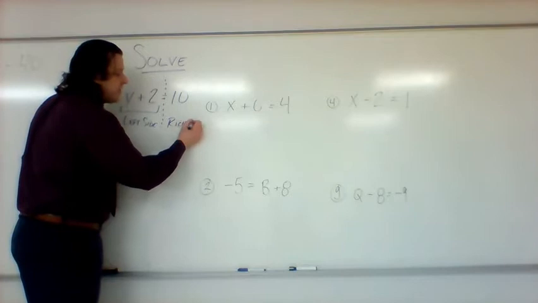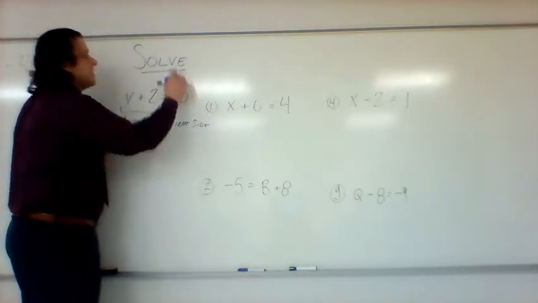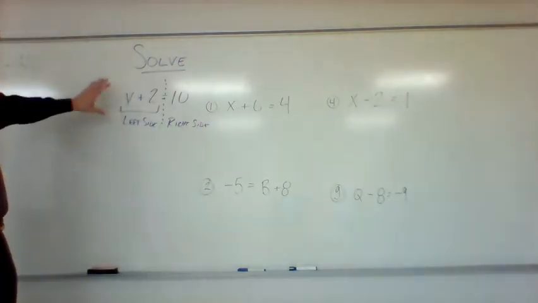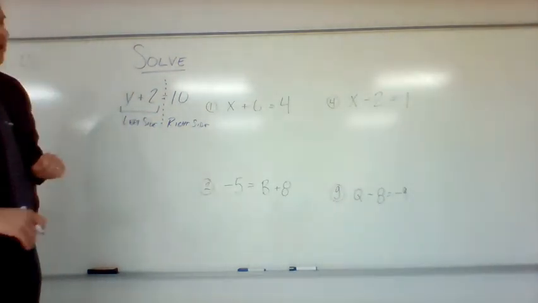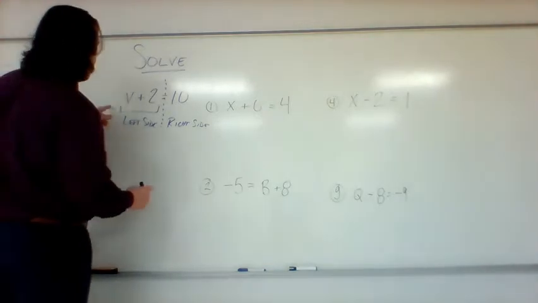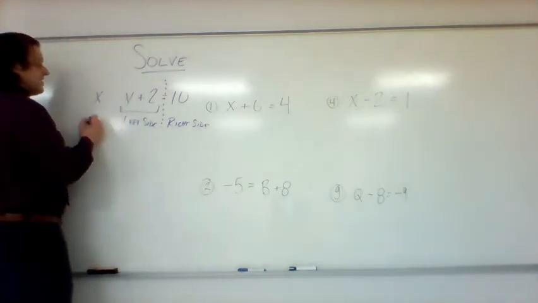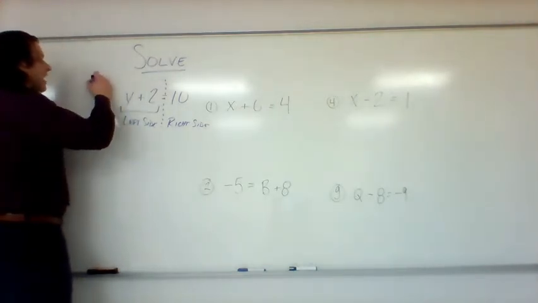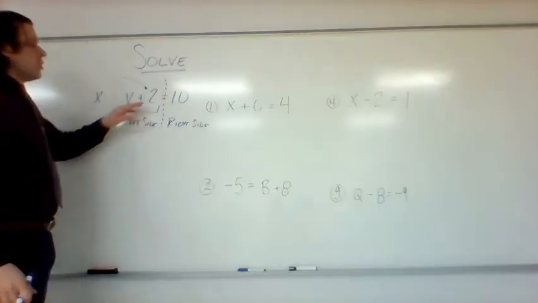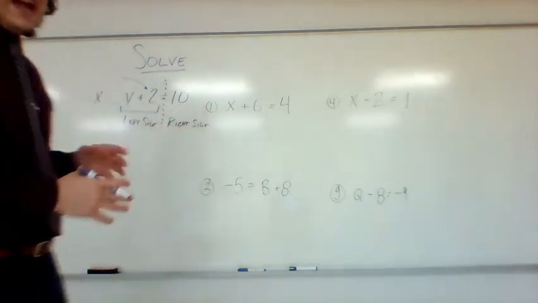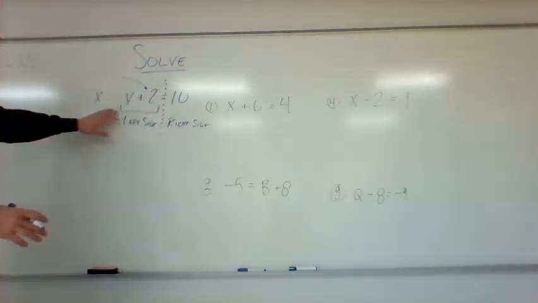So when we say we want to solve, we want the variable on one side or the other all by itself. In this particular problem, this is not solved, because the y has a 2 next to it. This 2 is on the left side, just like the variable is.